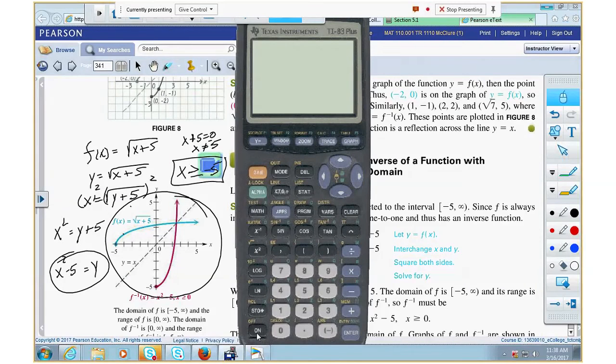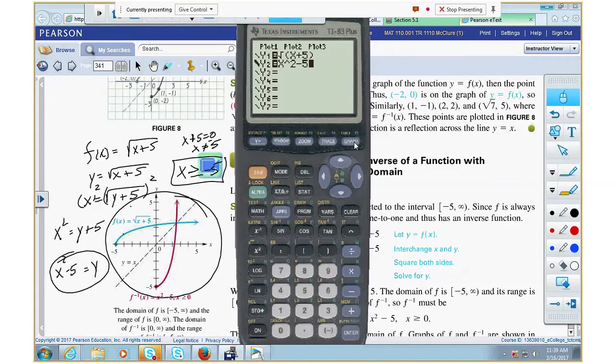We hit graph, y is equal, and I'm going to do the actual function, square root of x plus 5, close parentheses, and then in darker colors, I'm going to do y is equal to x squared minus 5.